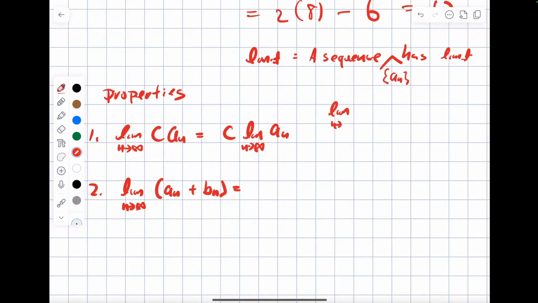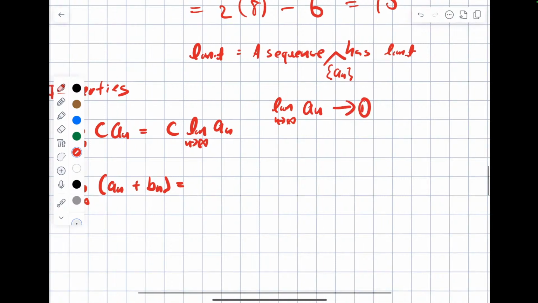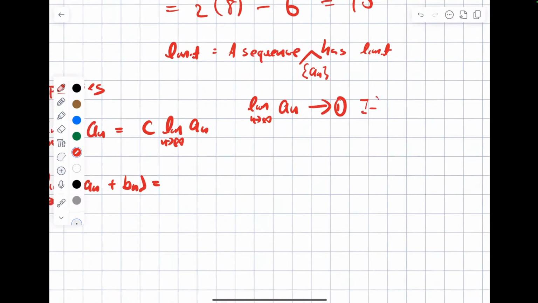If the limit as n approaches infinity of a_n exists, then we call it convergent. It's kind of like an improper integral: when the integral comes out with a finite number, we know it converged to that value.